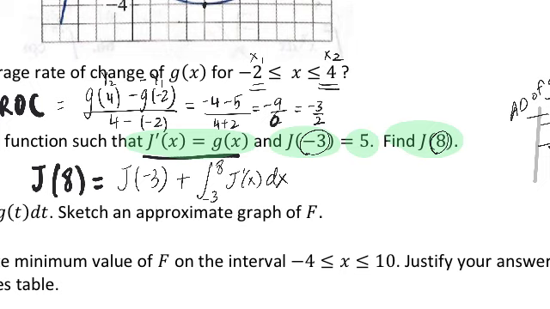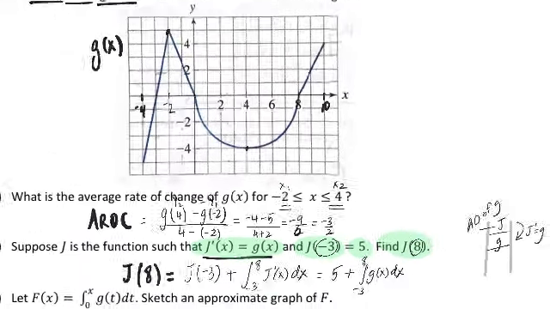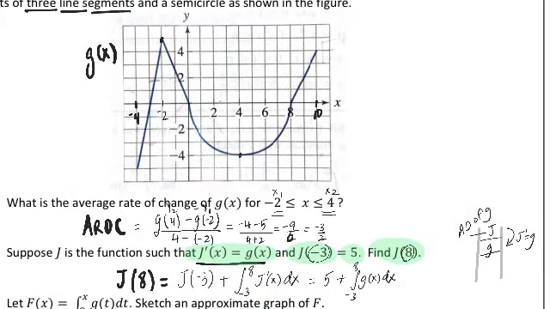And that's from the box at the beginning of the lesson. So now we know that j of -3 is 5. We also know that j prime just means g. So we are just finding the area under the g graph going from -3, which is here, to 8, which is there.